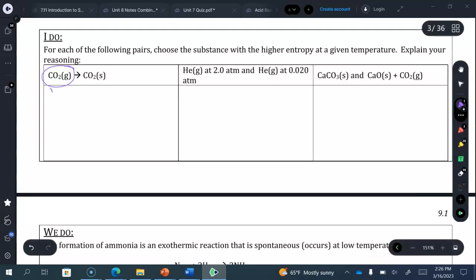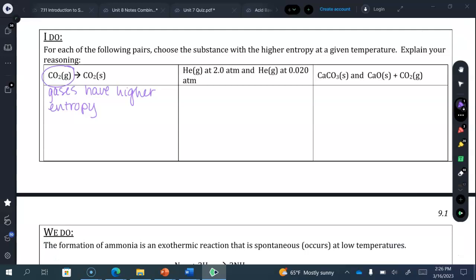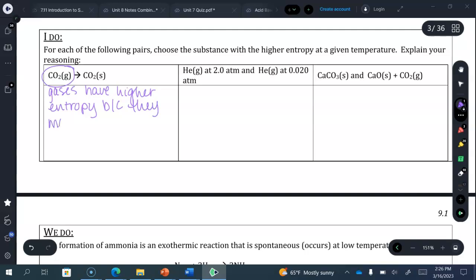So gases have higher entropy because they move freely, expand to fill their container, and can occupy more microstates.